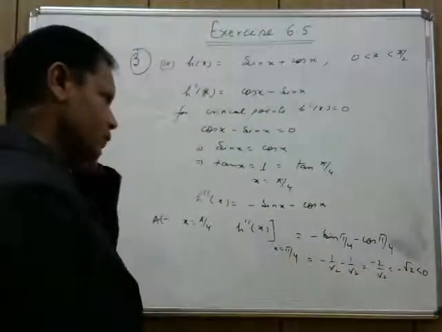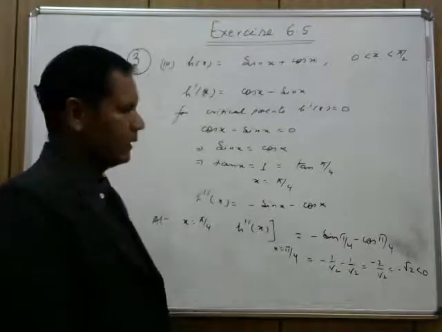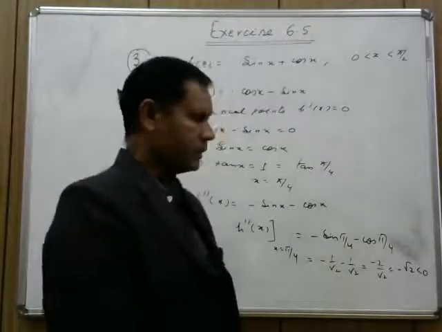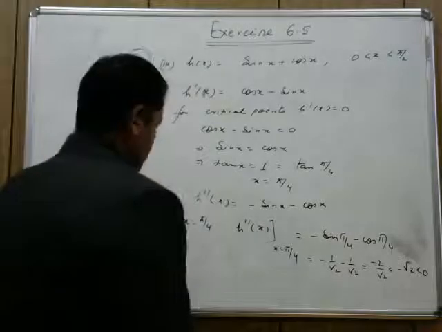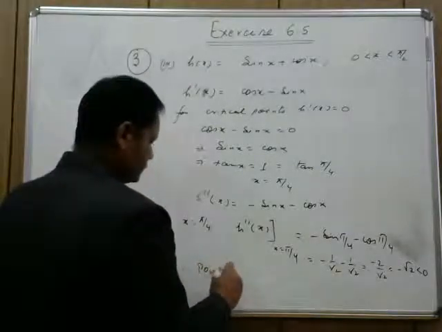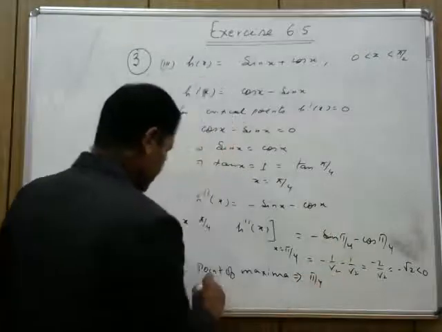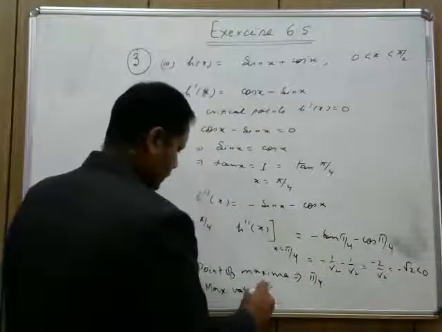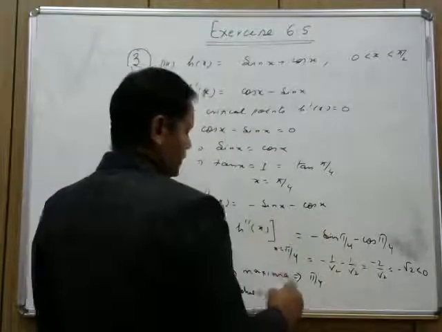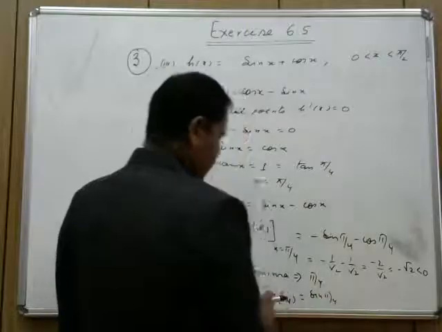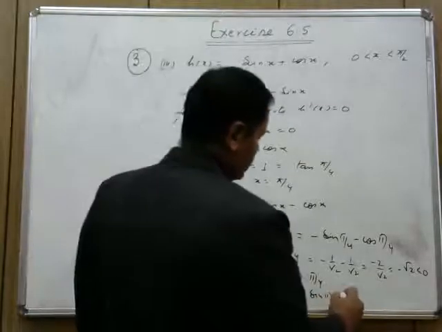Now minus root 2 is less than 0, it means x is equal to pi by 4 is the point where it has maxima, because here h double dash of x at x equal to pi by 4 is negative, and therefore the point of maxima is pi by 4, and its maximum value is h of pi by 4. h of x is sin x plus cos x, so h of pi by 4 will be sin pi by 4 plus cos pi by 4.